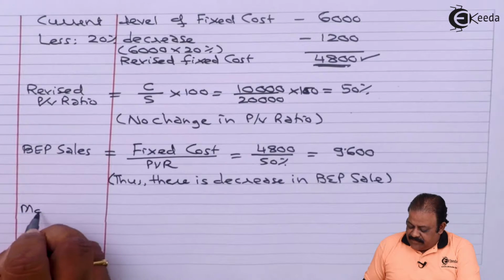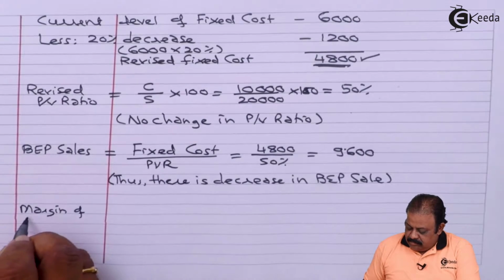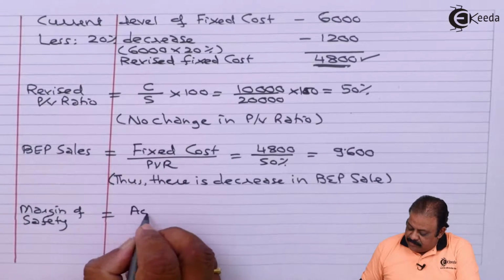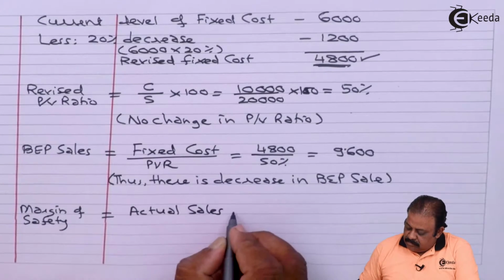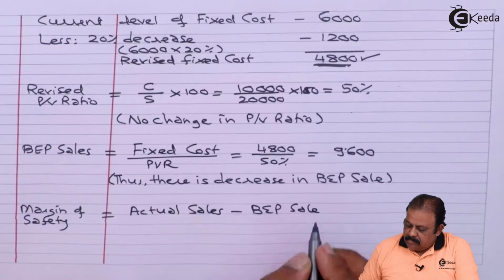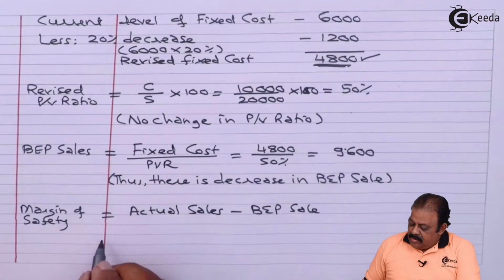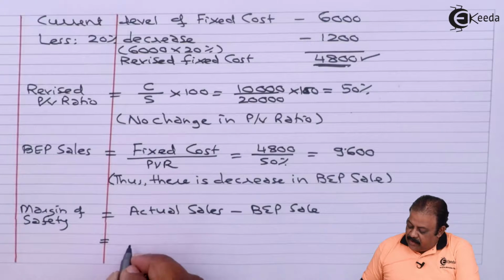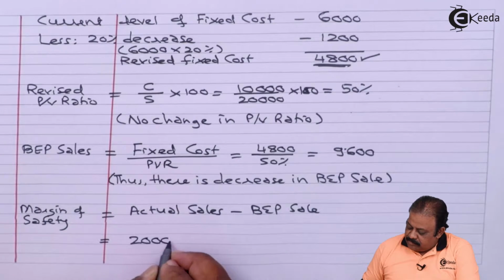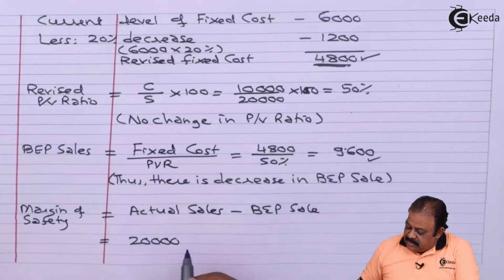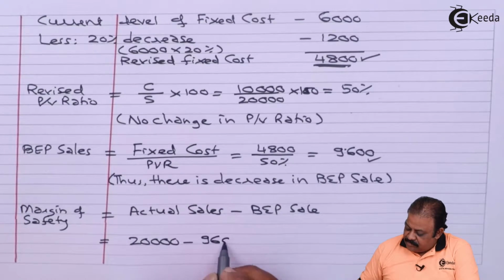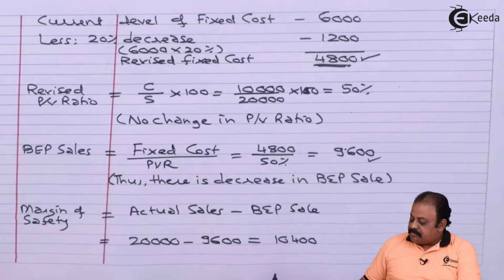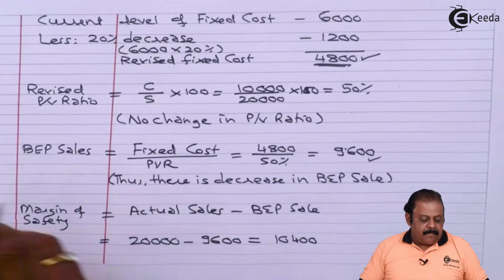Next, margin of safety. Formula is actual sales minus break-even point sales. Actual sales will remain same, that is 20,000. Revised break-even point sales is 9,600. So revised margin of safety is 10,400.